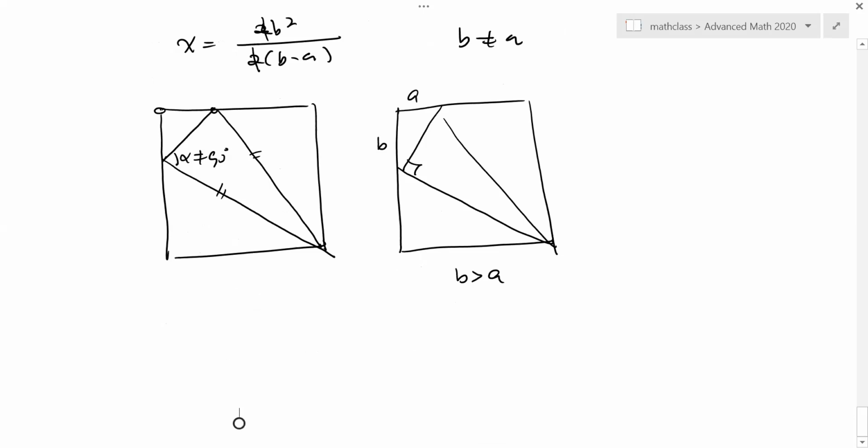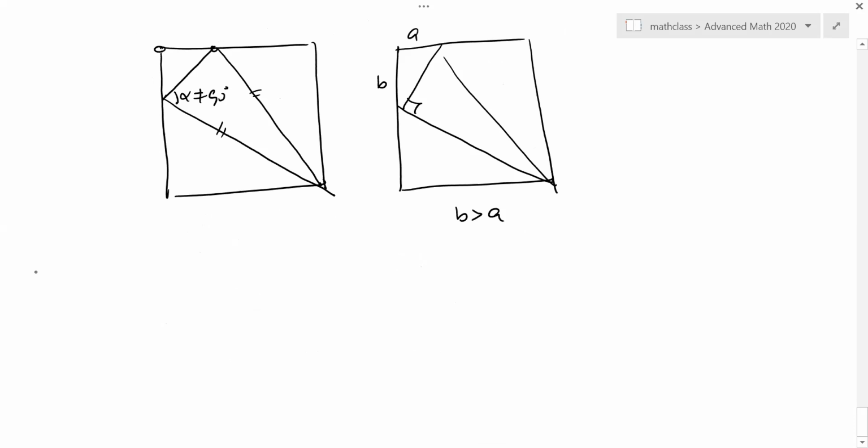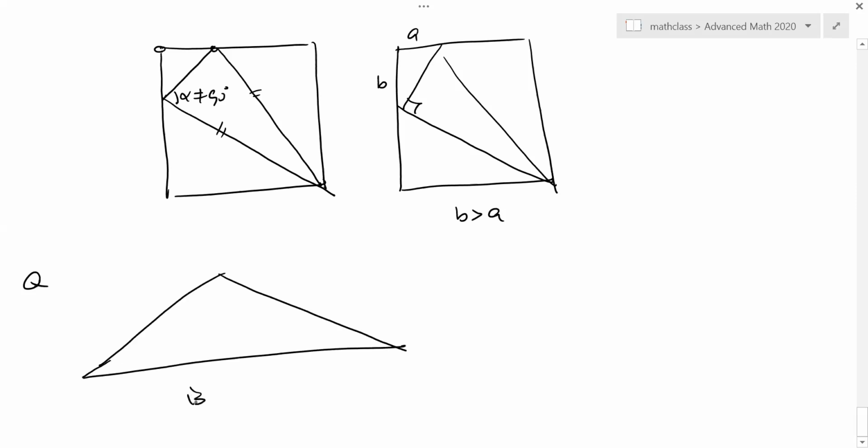All right, so our last problem, maybe the last problem. We're talking about an isosceles triangle. This is an isosceles triangle.